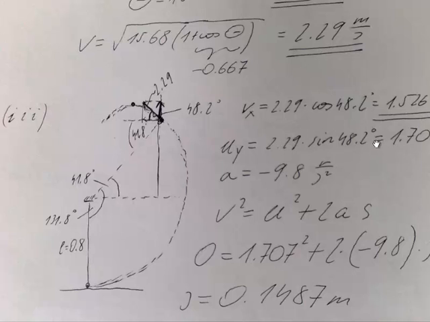We should use sine because this is opposite, and they are the same, and the acceleration is minus 9.8, and we can apply this formula. V is equal to 0. At the highest point the vertical speed is 0, and after substitution and calculation we get S.